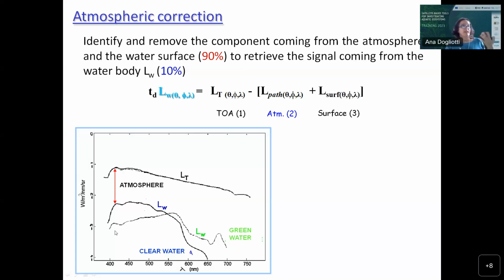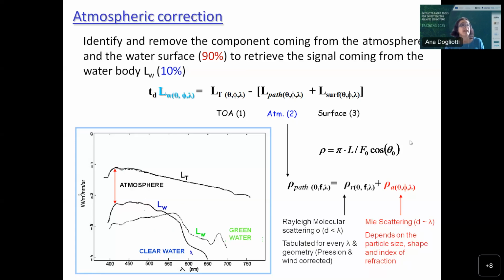In another case, if the water is green, you can see higher reflectance in the green, which tells us there's more green water. So this atmospheric correction is very important to really get this information from the signal. Otherwise, we cannot see it from the top of the atmosphere. From all these components, you have to remove the atmosphere and the surface.